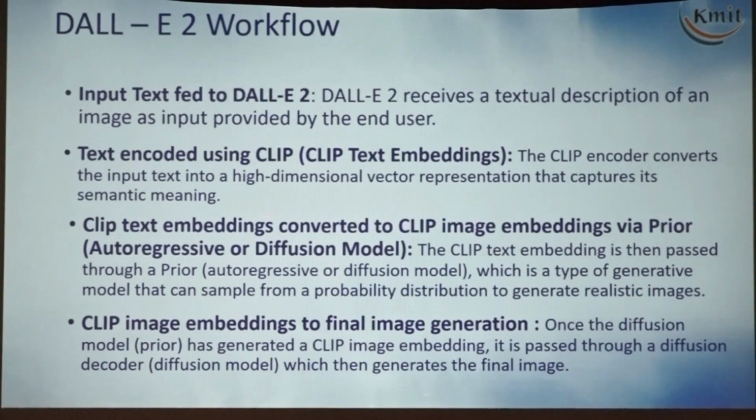You can see that here. Text embeddings are converted to clip image embeddings via the prior autoregressive diffusion model, and then we go with the decoder part. We are generating the image by using the decoder part. And how will it work? Here, this is the architecture.